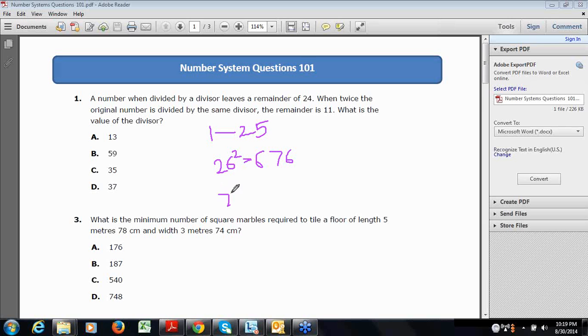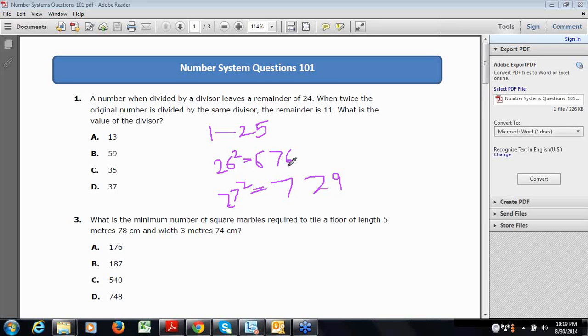Similarly, 27 square is equal to 729. In 26 square, you subtract this number from 50. Hope everybody can hear me.